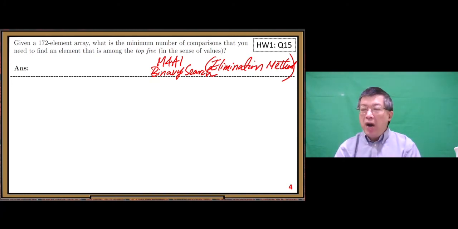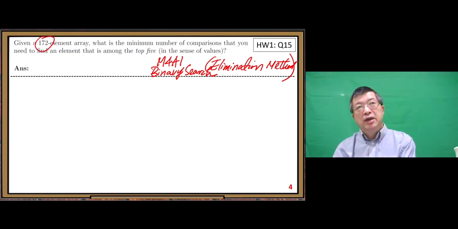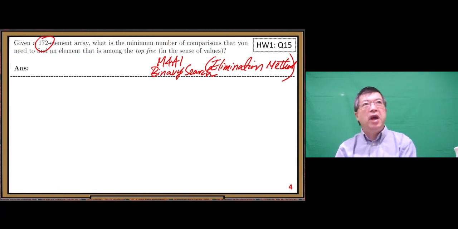We solve the same problem, but make the question a little simpler. Look at this number, 172. That number is relatively big, so that may cause some of you problems. You feel, oh, such a big number, how can we handle that?